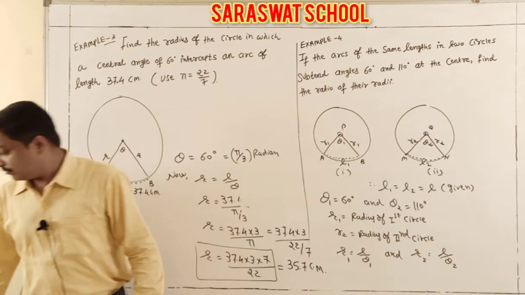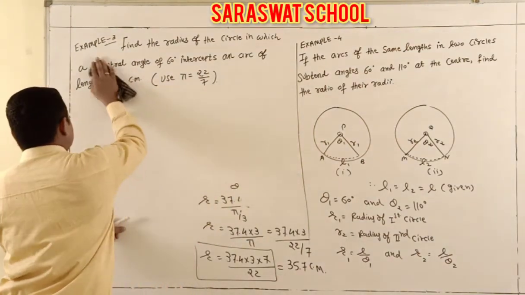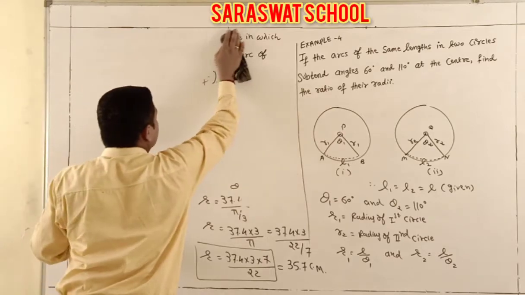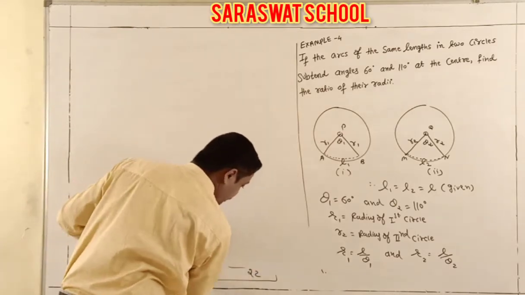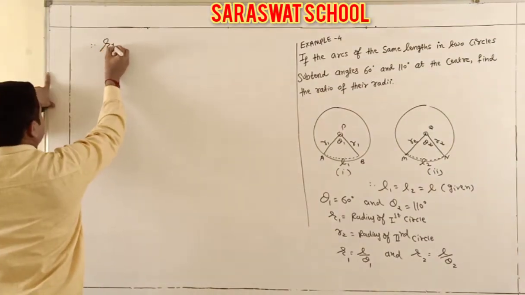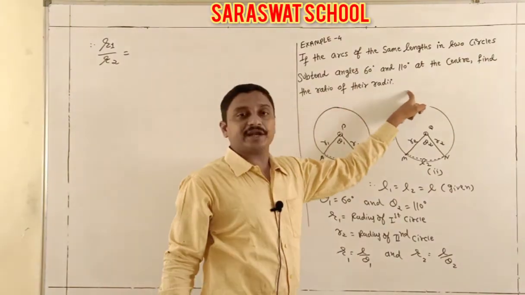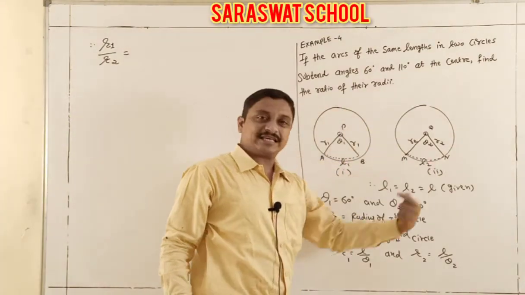So apply the values. The ratio is R1 by R2, that is my target. Read the question one more time: find the ratio of the radii, first R1 and second R2.